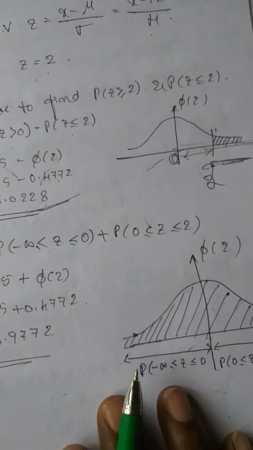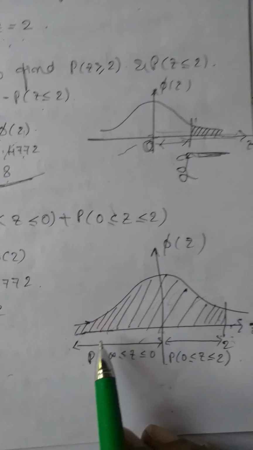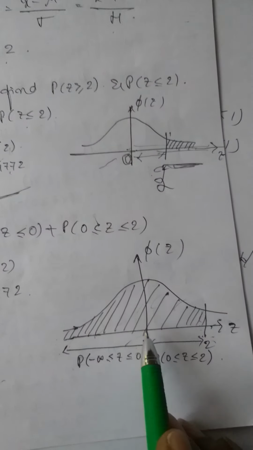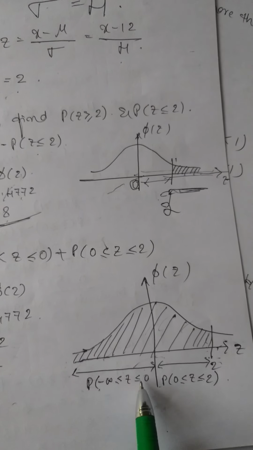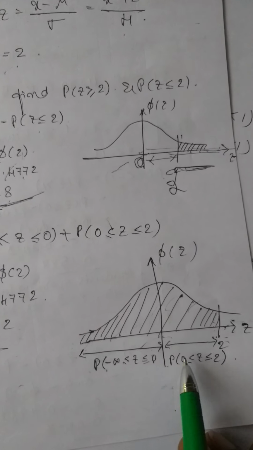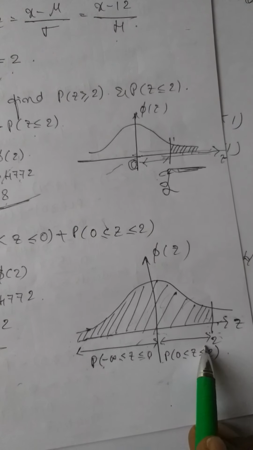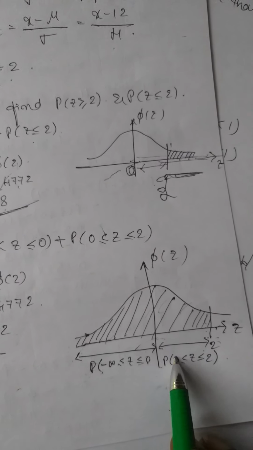Correct? Now how can I calculate? This entire region can be partitioned into two parts. How? From minus infinity to 0 is the first part. See, we have taken minus infinity less than or equal to z less than or equal to 0, and then from 0 to 2 that we have taken. So this entire thing I have to calculate, so I have split this into two parts.